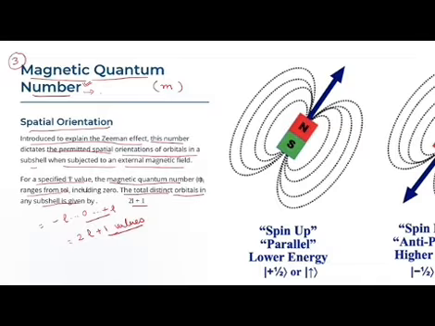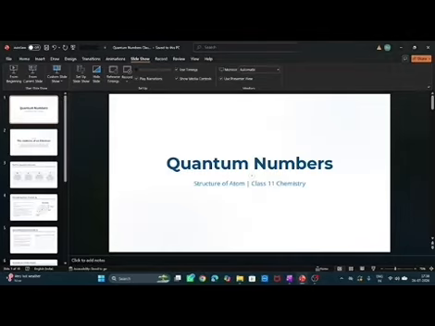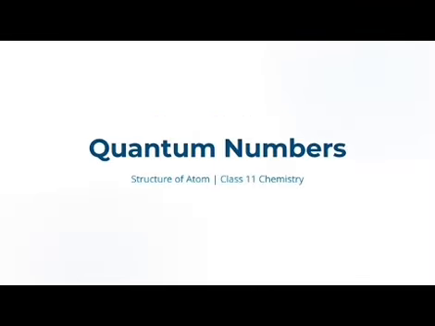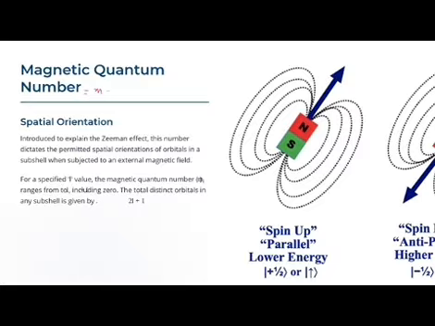Now this third quantum number tells us about the total number of orbitals present in a subshell, and its value, I have told you, we can either calculate 2L plus 1, or we can count the values from minus L to 0 to plus L.